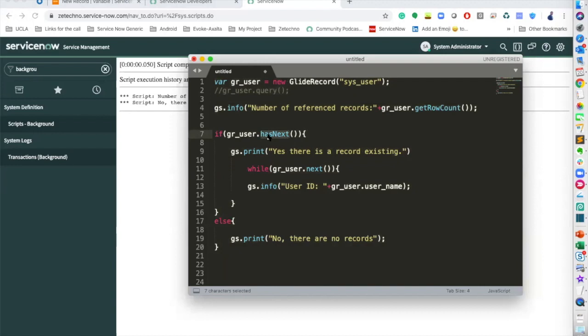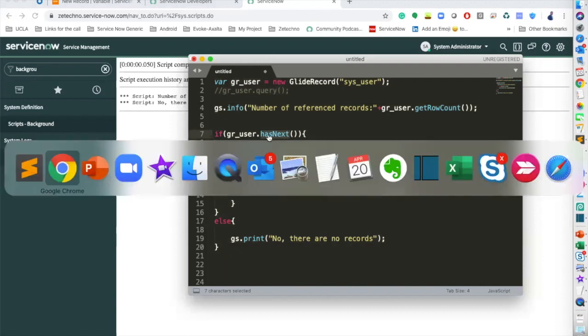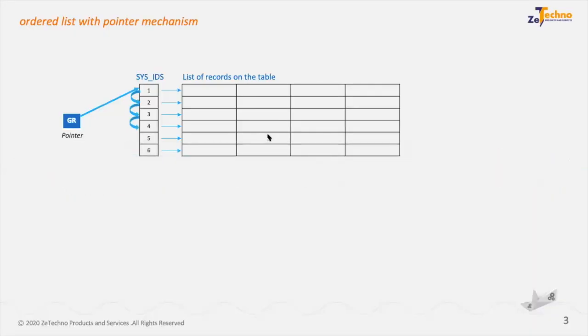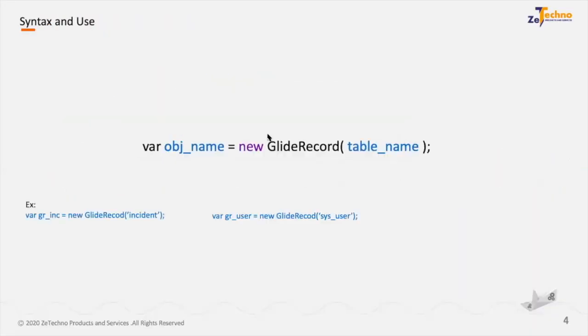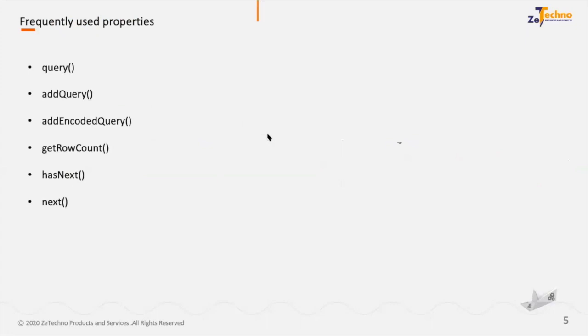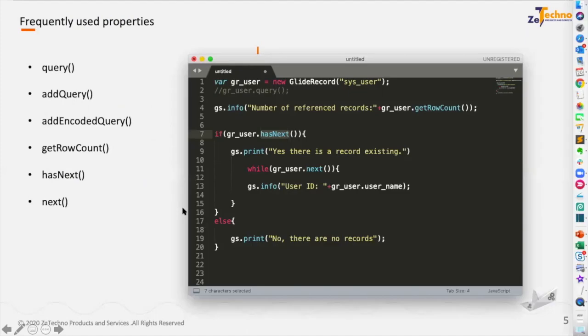It will make more sense when we are looking at the other functions which I was talking about, in which we have, let's go to that slide. Yeah, the addQuery and addEncodedQuery. Let's see how that works. So think of this as you have 33 users right now.